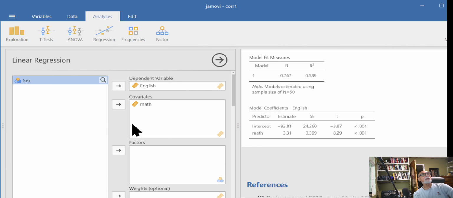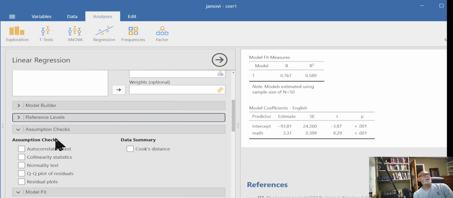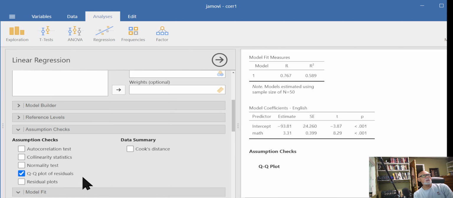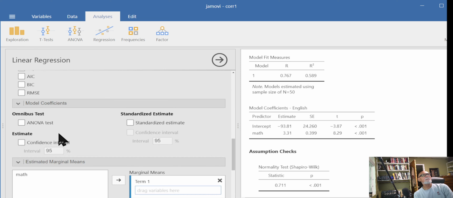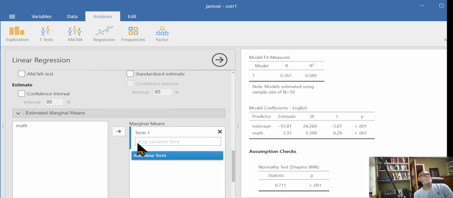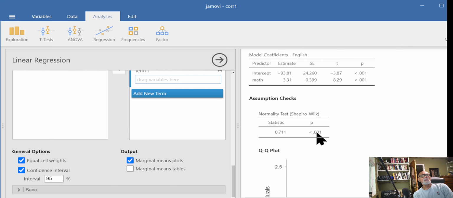So now we're going to move down. We're going to skip this model builder, but we're going to look at assumptions. And the assumptions we will look at are the QQ of residuals and the normality test. So let's take a look at this. Okay, so this tells us that we do not have a normal distribution.